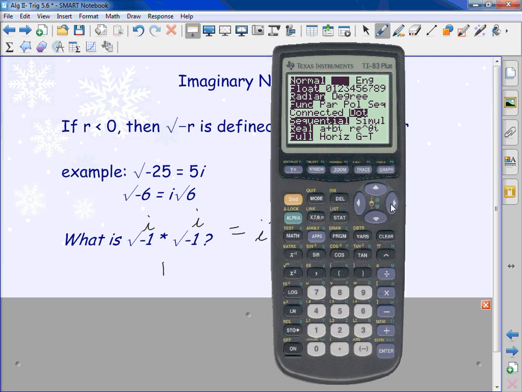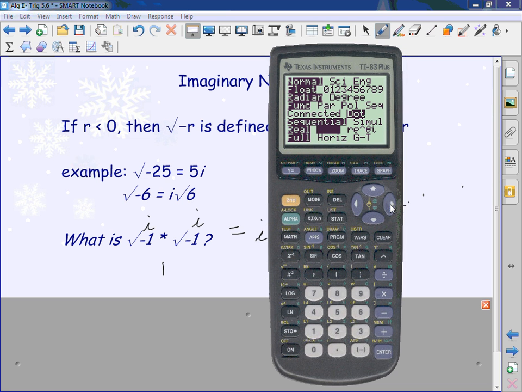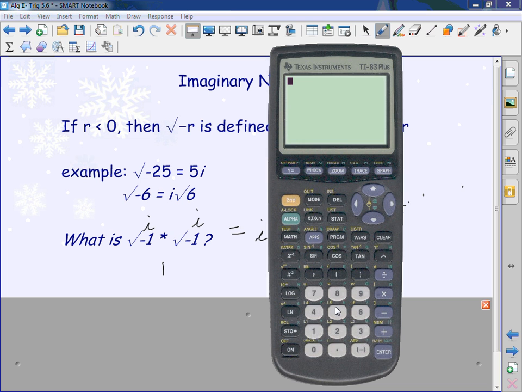If I go over to where it says a plus bi, and turn that on, square root of negative 25 says 5i. The calculator can do i's. So if you want to change it over, you can do so. That's the only thing it does, it allows you square roots of negative numbers.